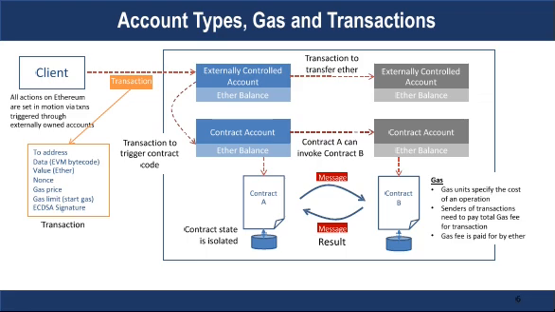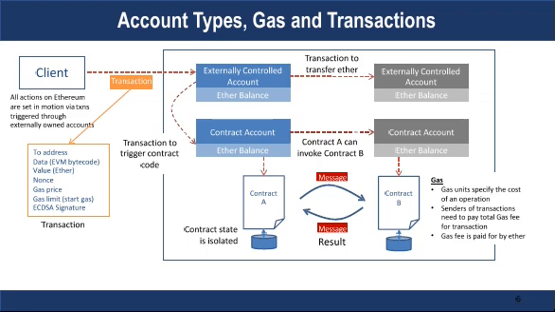Both of them have an address, but the contract account specifically refers to the smart contract, and it does not refer to a particular individual. The contract account is basically for the smart contract, whereas the externally controlled account is for every individual user. Whenever a wallet is created, this externally controlled account would be created.